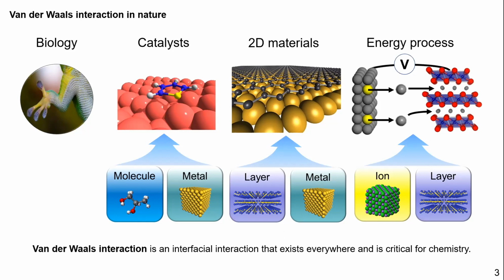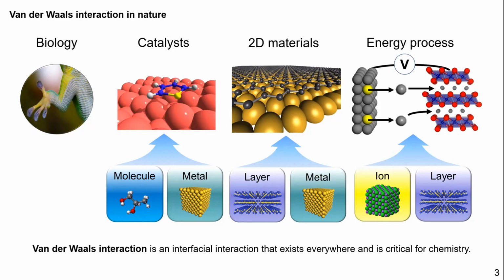So Van der Waals interaction is a very ubiquitous interaction occurring in nature, from biological systems as well as molecules observed on catalytic surfaces and layered materials formed on substrate surfaces, as well as actual energy processes occurring in battery materials.